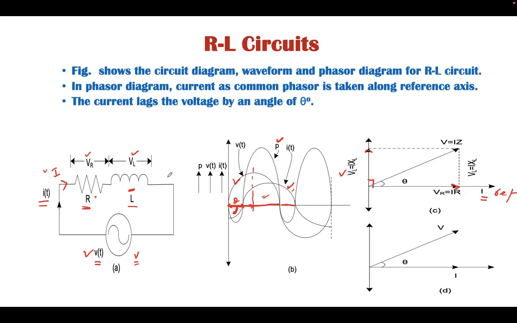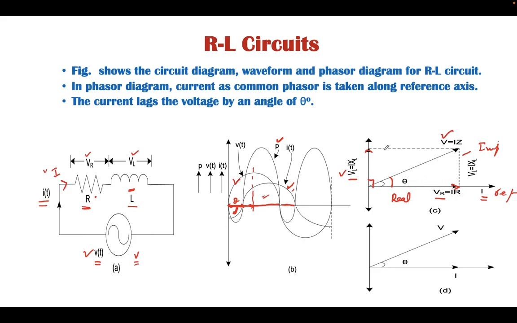This is the voltage across the inductor, and hence if we take the resultant of VR and VL, the resultant value will be V. Resolving this, this component is the real component, whereas this component is the imaginary component.